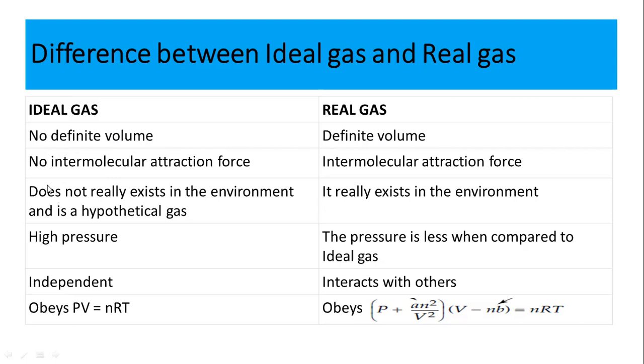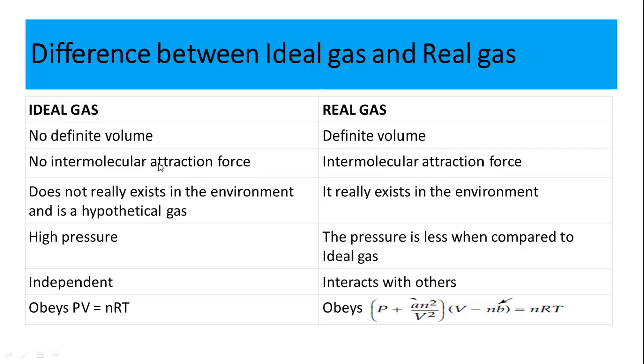The other difference is that the ideal gas does not have intermolecular forces of attraction, but the real gas has intermolecular forces of attraction. This is also according to the kinetic molecular theory.